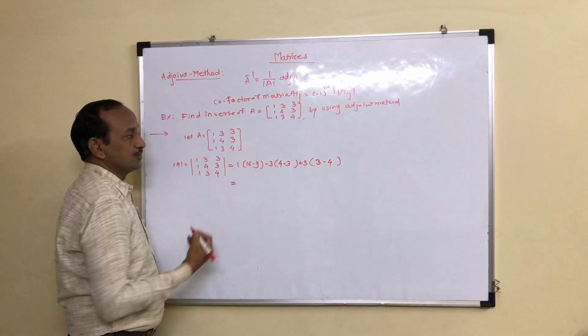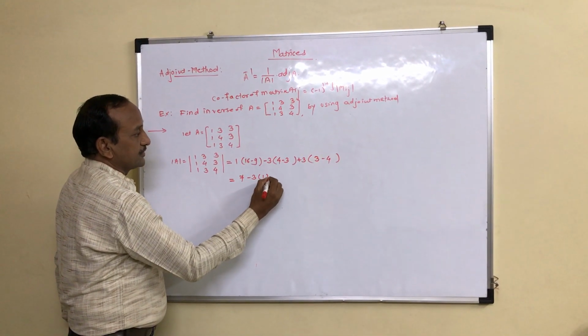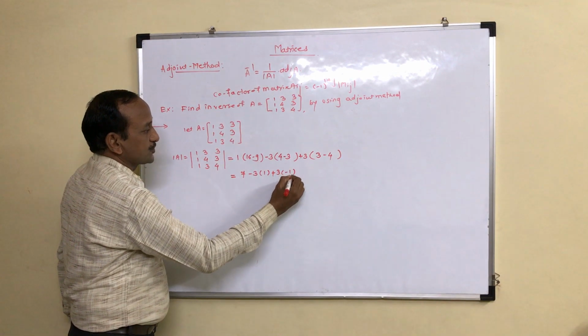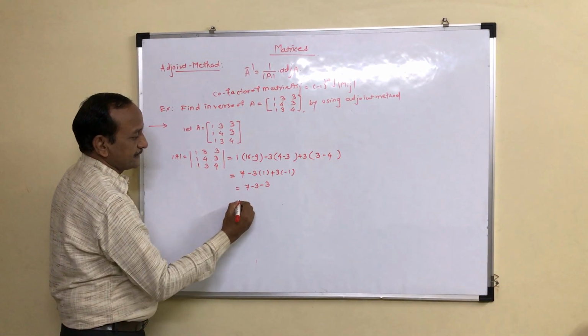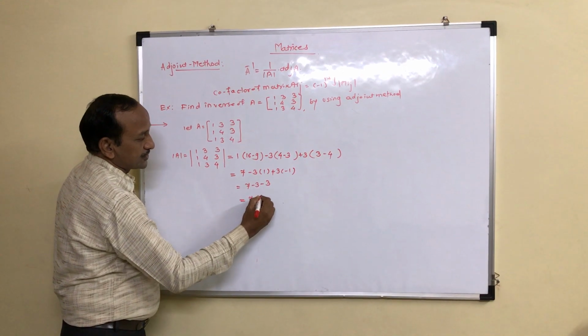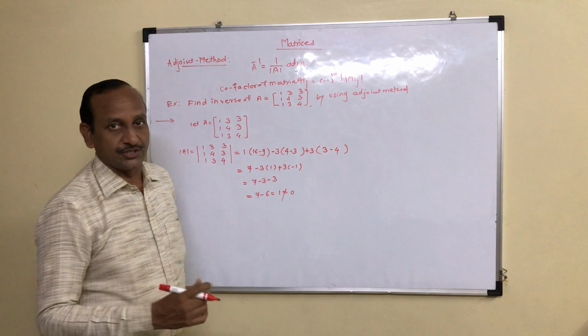It is equal to 7 minus 3 into 1 plus 3 into minus 1, which is 7 minus 3 minus 3, equal to 7 minus 6, which is 1, not equal to 0.